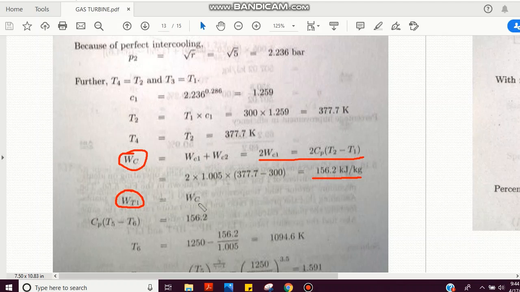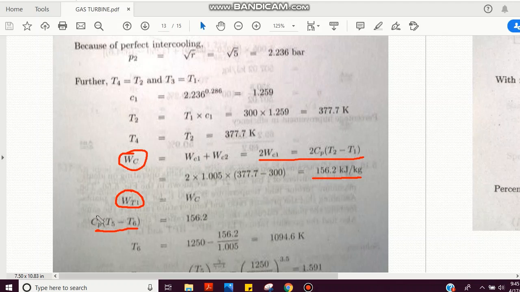That's why we are equating these two. So the first stage turbine work is Cp into (T5 minus T6), and that equals the total compressor work, that is 156.2.